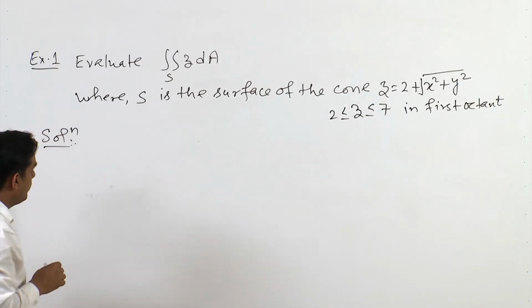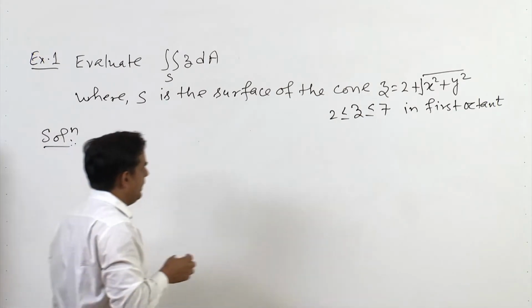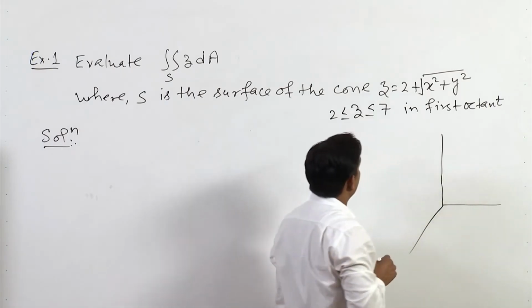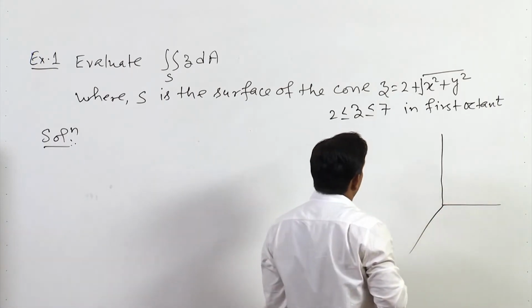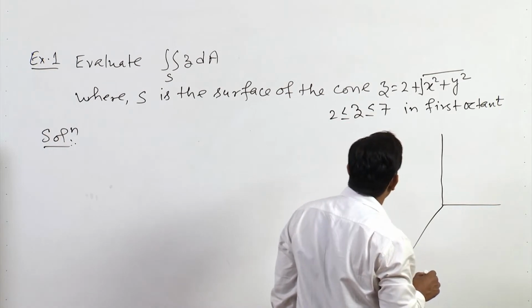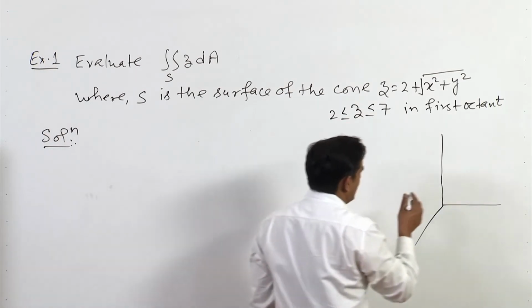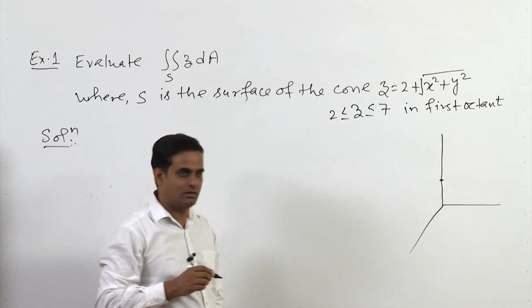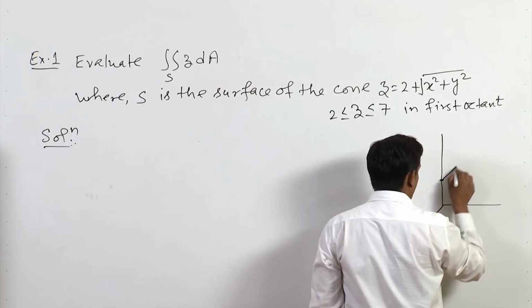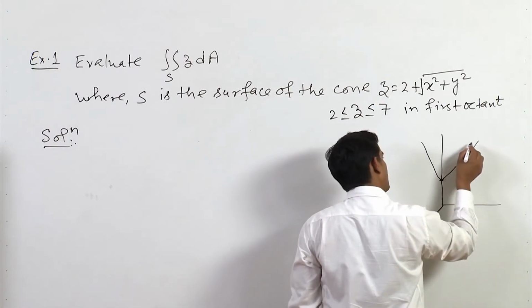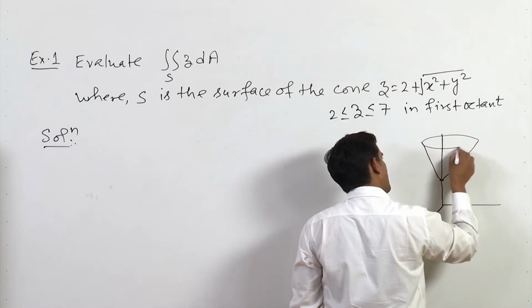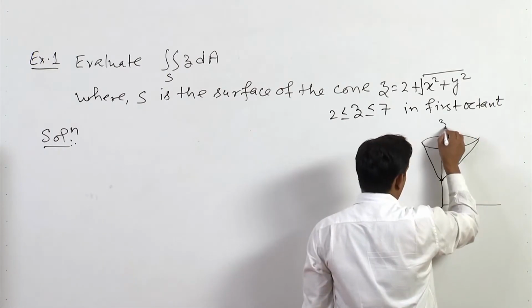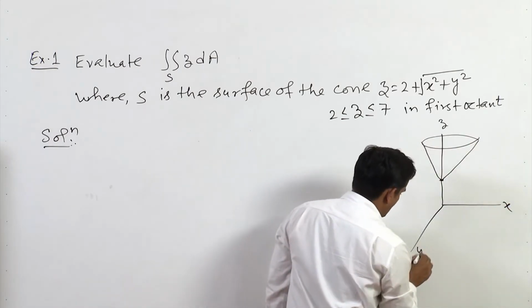So, let us try to solve it. So here the surface will be a cone, that is z equals to 2 plus square root of x square plus y square. So it will be like this, it is the z axis, x and y.